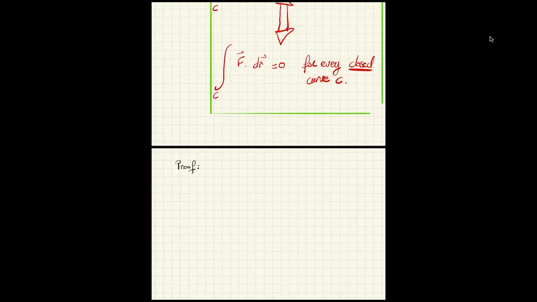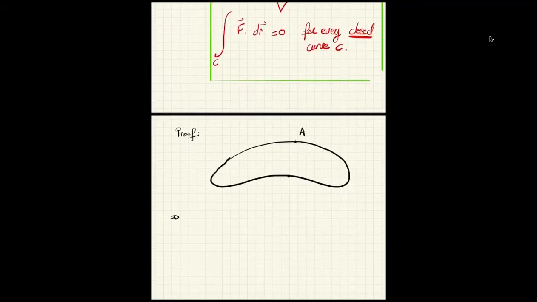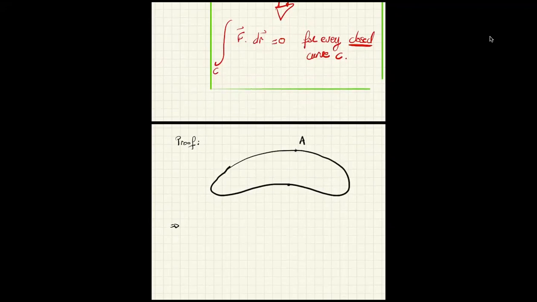Here's the reason. Take a curve. Here you have to go in two directions. Take a curve and start from A and then go to B. Let's go in one direction. Suppose that it's path independent, and take a closed curve.